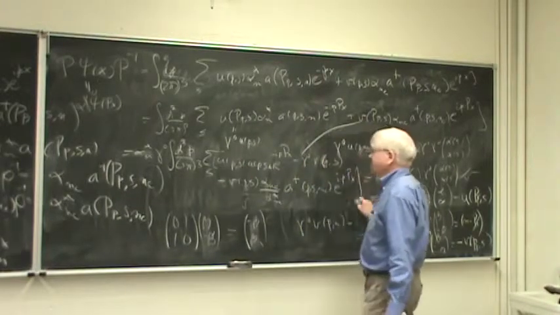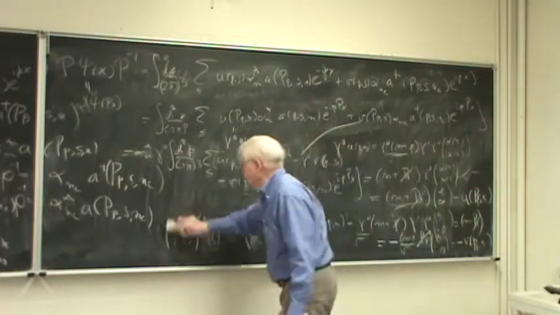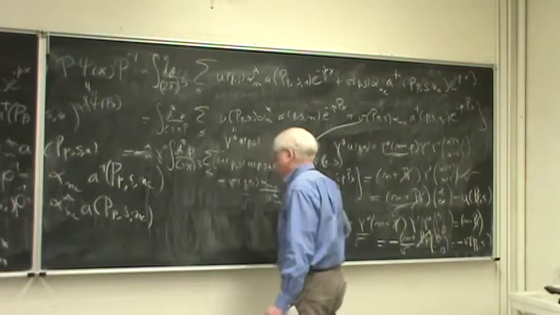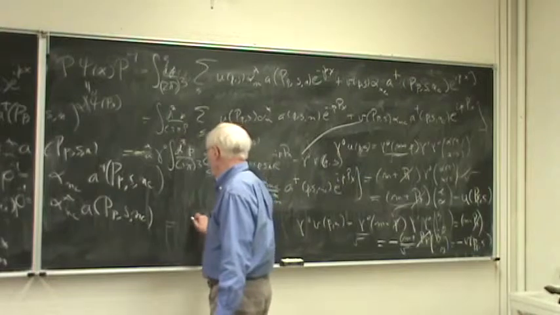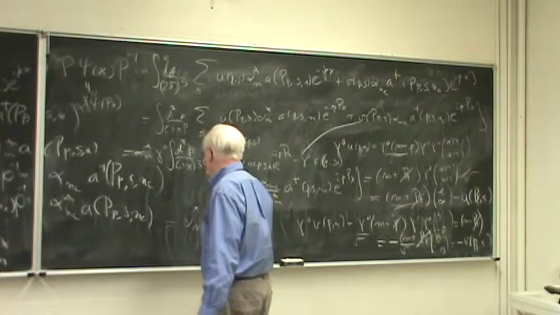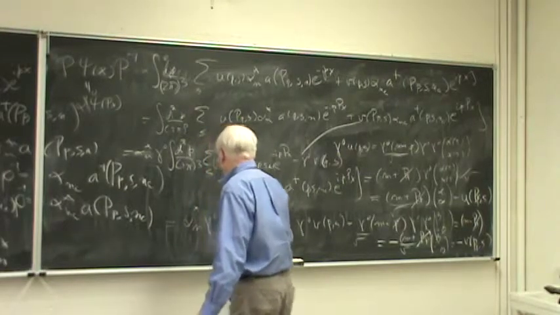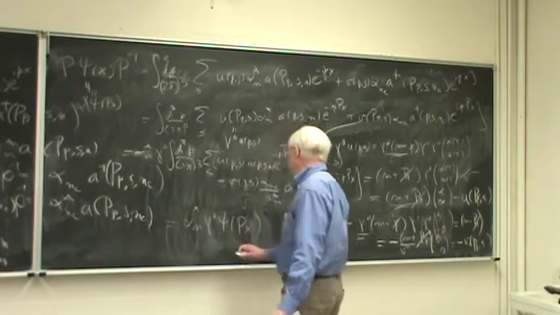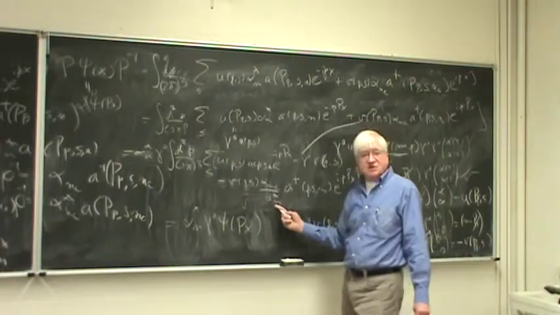Okay. So this will be alpha n star gamma 0 psi of reflected x if this ratio is minus 1.